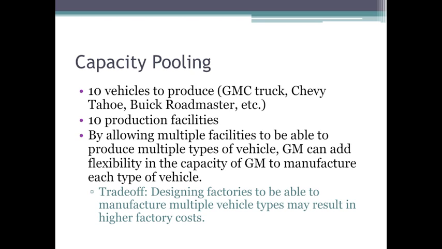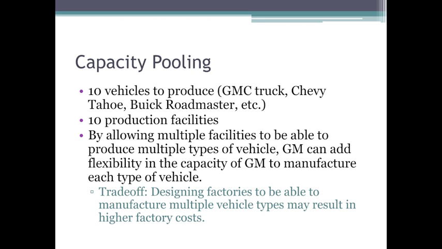But suppose we design some flexibility into our production where we don't have to make Aztecs from this particular line. We can make other GM products like a Chevy Tahoe or a GMC truck or something like that. Something else, anything else.